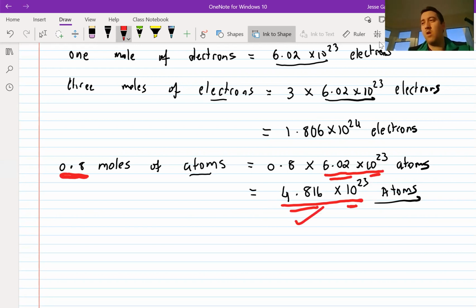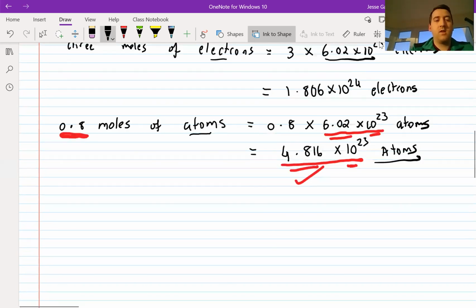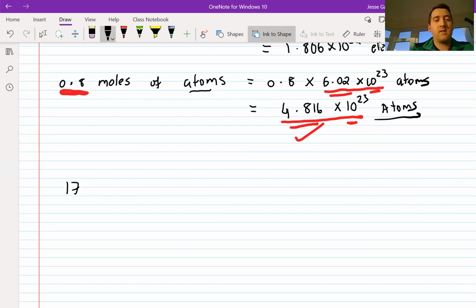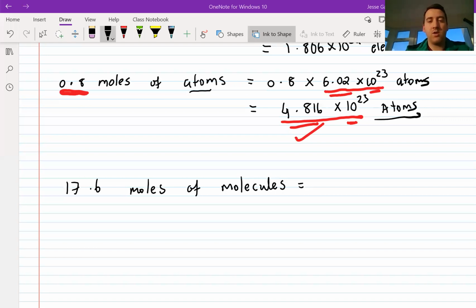Okay. What about this one? 17.6 moles of molecules. I want you to pause the video and answer that one for me now, please. Okay, so what you should have done is take your 6.02 times 10 to the power of 23, which is the 1 mole number, and multiply that by 17.6 because you've got 17.6 moles.